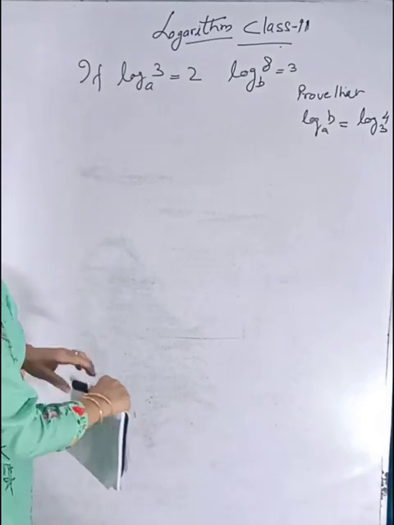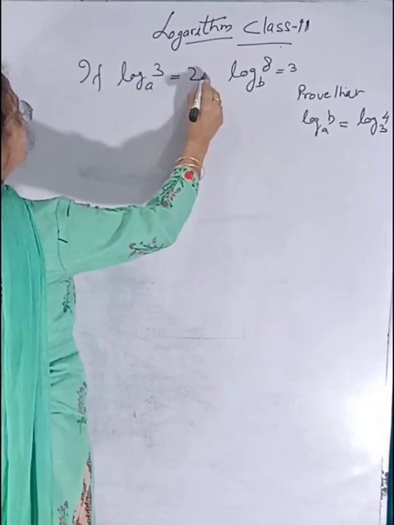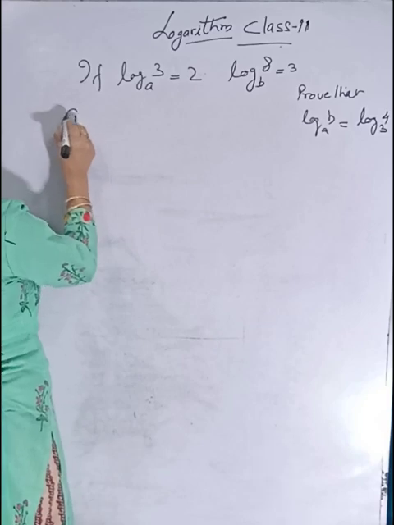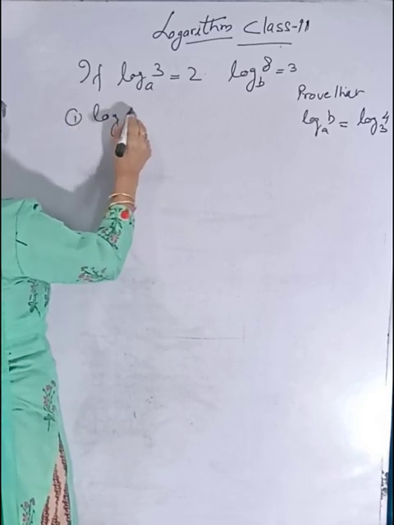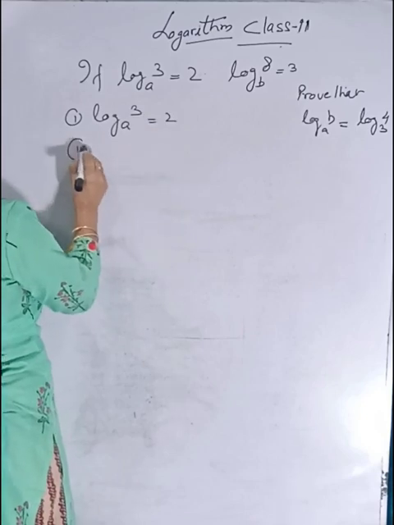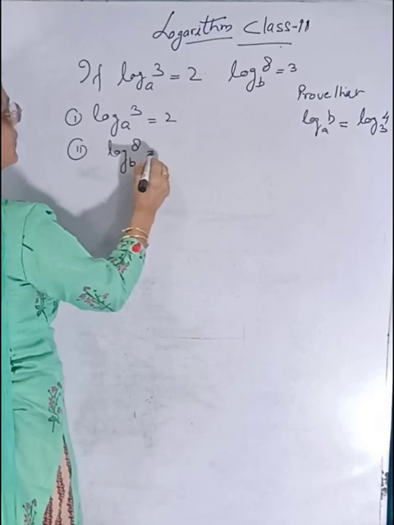आपको base change formula देखना है, उसके बेस पे ये निकालना है. तो पहले देखते हैं इसके ये जो यूजफुल चीजें इसमें क्या कर सकते हैं. इसके लिए हमें पता है, फर्स्ट केस वी आर नोइंग that log of 3 with the base a is equal to 2, and second is given to us log of 8 with the base b is equal to 3.